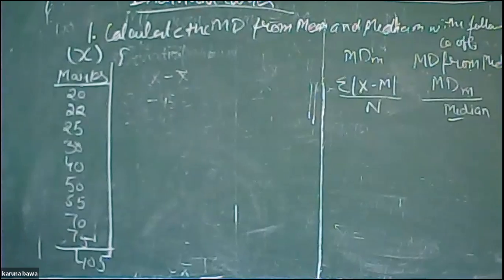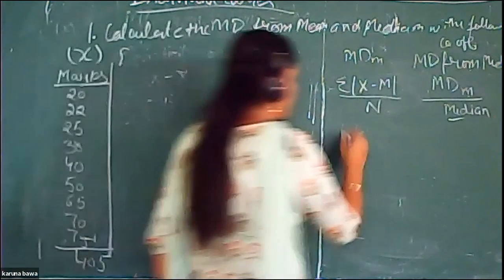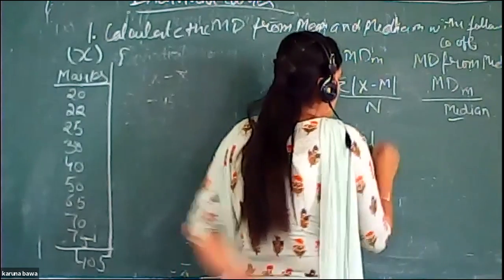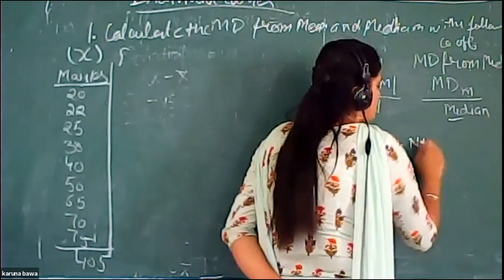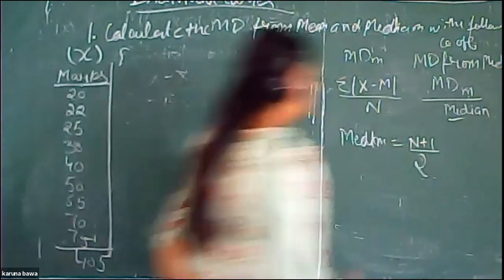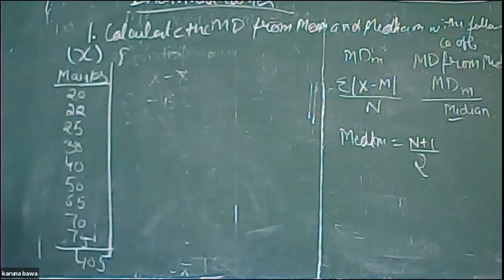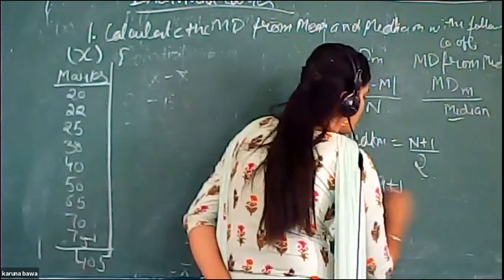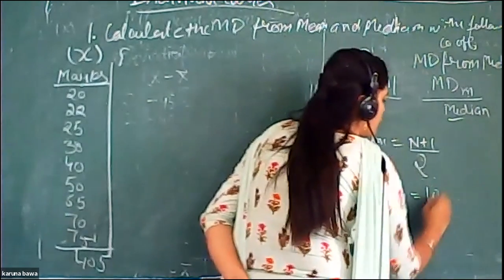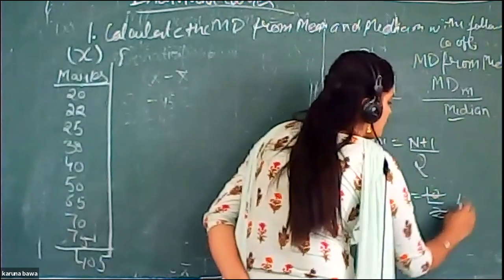So after this, first of all, we find out the median. As we know, the formula of median is n plus 1 over 2, the size of the item. So n, the number of observations, is 9, plus 1, over 2. So 10 over 2 is 5.